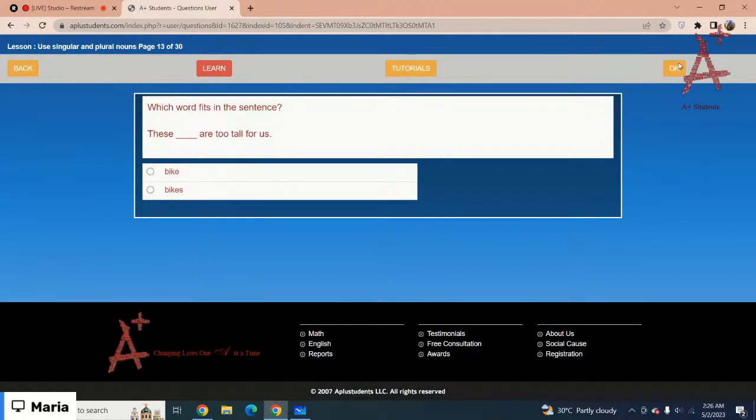These dash are too tall for us. These is always used for more than one thing, so it would be these bikes are too tall for us.